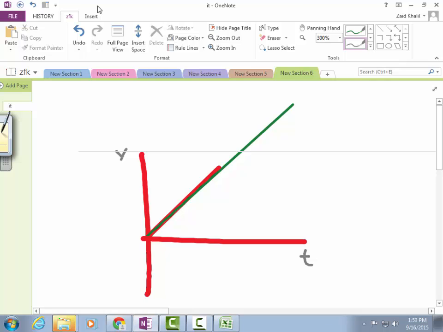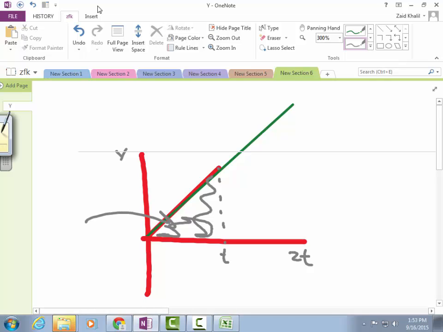Now the displacements of each are going to be represented how? Area under the curve. And so this right here is going to be one half, and what is that going to represent? The distance. So this is the displacement traveled by the truck, correct?